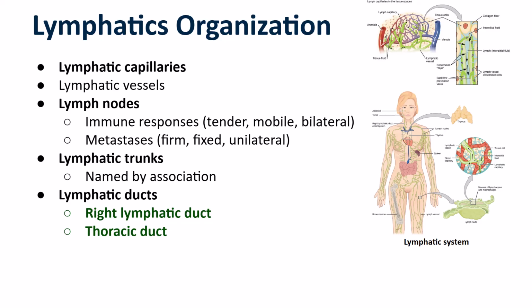Lymphatics begin in specialized capillaries called lymphatic capillaries. These capillaries are embedded within the capillaries of the cardiovascular system, although they are not a part of it. So they're interwoven or enmeshed around it, such that they may receive any of the excess plasma filtrate that leaves the cardiovascular system into the interstitial tissue, but does not return back to the cardiovascular system.